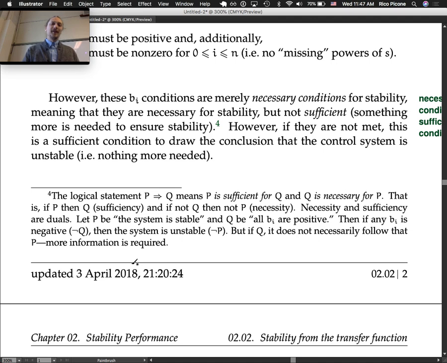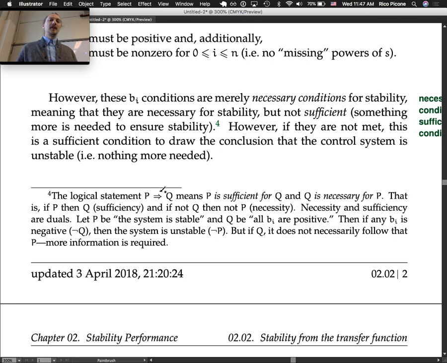Okay, so here we go. A logical statement, P implies Q. You can also read that as, if P then Q, right? It means P is sufficient for Q, and Q is necessary for P. Okay, so this is the necessary and sufficient. These two terms, you can always go back to this simple statement if you want.